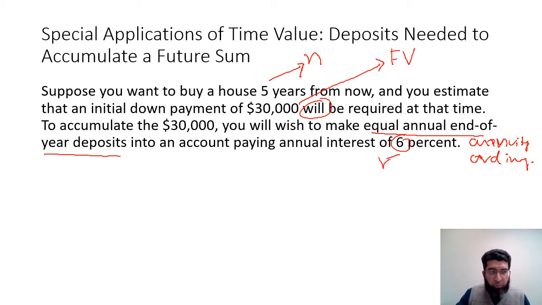So how do we compute? We already have the ordinary annuity formulas for both present value and future value.